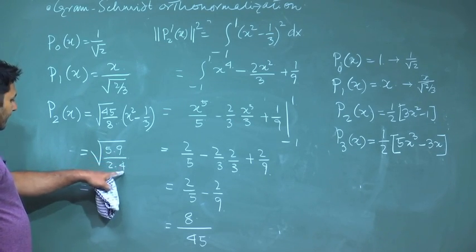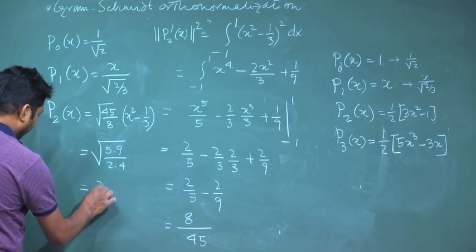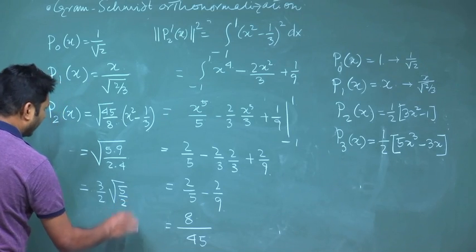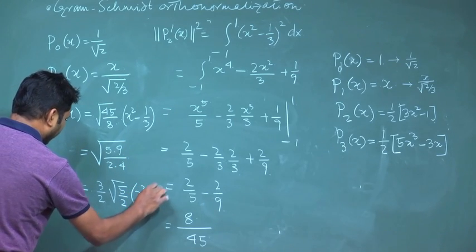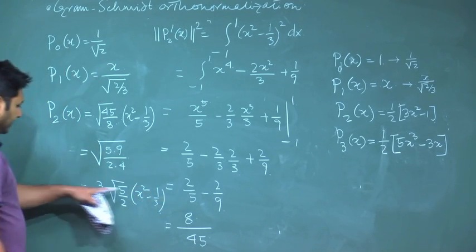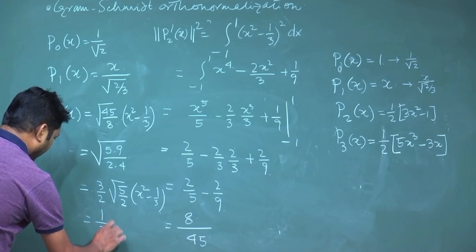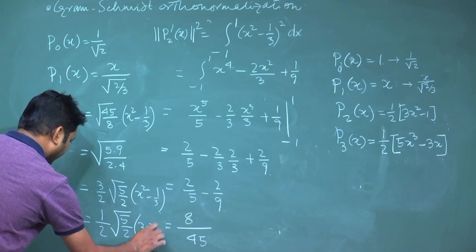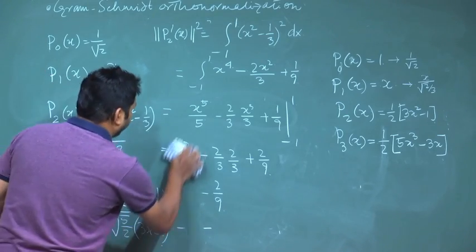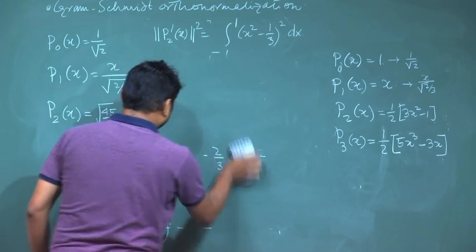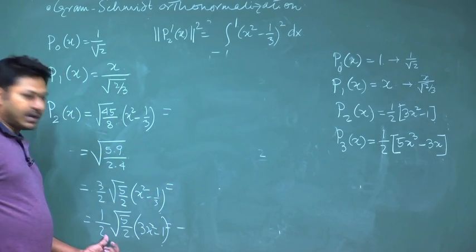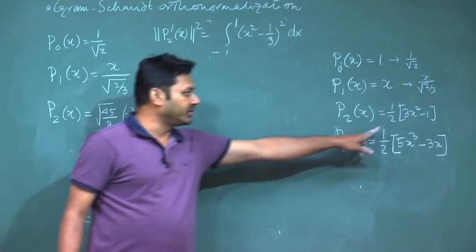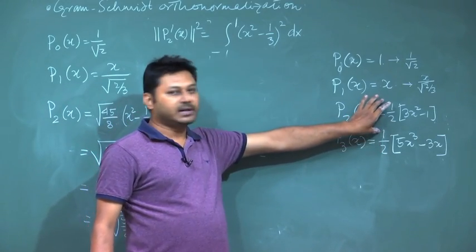I can take this 3 and 4 outside. So, it will be simply 3 by 2 root over of 5 by 2 multiplied by x square minus 1 by 3. Now, this 3 if I multiply, it will come to our original value that we started with, 3 x square minus 1. So, this is a lengthy but straightforward calculation, and I have the normalization factor here, root over 5 by 2. Half of these things are already there, you can see it from here, and I just multiply the normalization factor that is coming out.